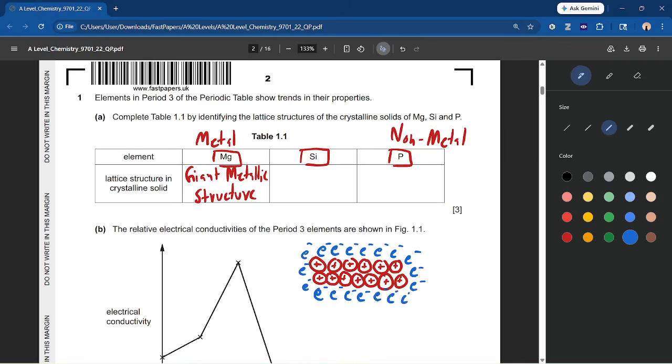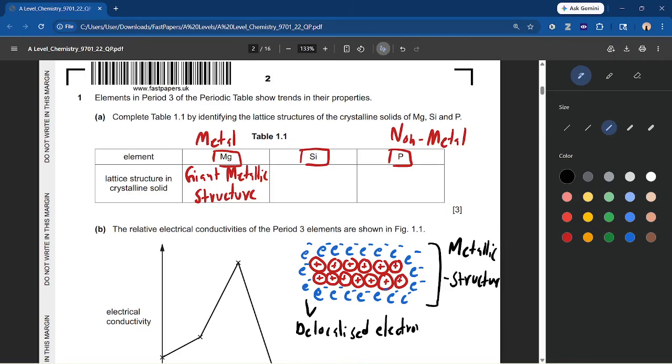I know that's not part of the question, but it's still a good idea to have all these concepts in mind whenever you're going through any question, because then you'll be able to relate it to a question down the line where they're talking about it. So this is your metallic structure. A lot of questions sometimes ask you to draw out the structures, so these help to visualize and give more substance to your answer.